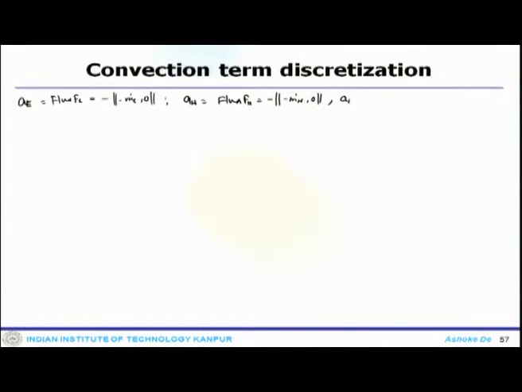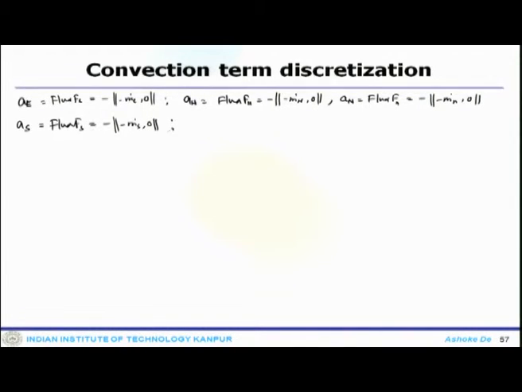Then you get A_N, which is flux F_n, which is minus m dot N, 0, then A_S, which is flux F_s, minus m dot S, 0.